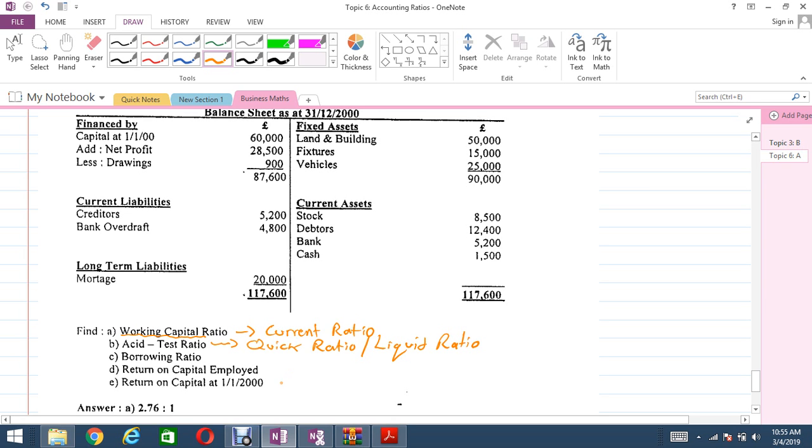Can? So your fixed asset is your NCA here. Long term liability is your NCL here. It's a very old term. Financed by, this is your equity here.